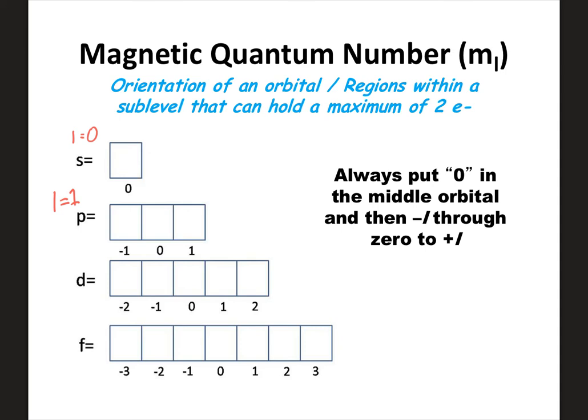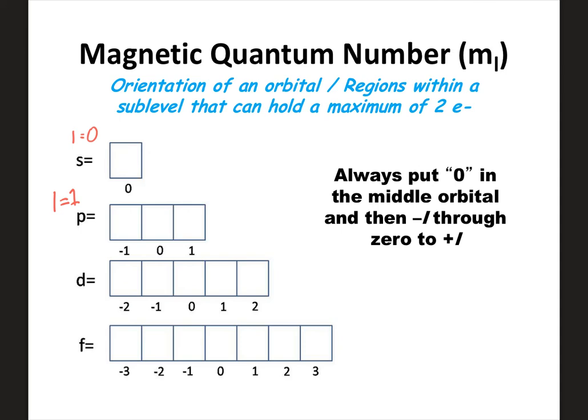So if you had electrons in this particular orbital for that P sublevel, they would have ML values of -1. Any electrons in this particular orbital would have ML values of 0, and so on.